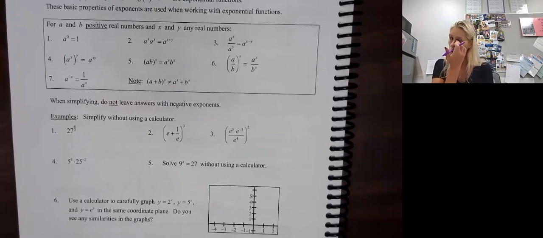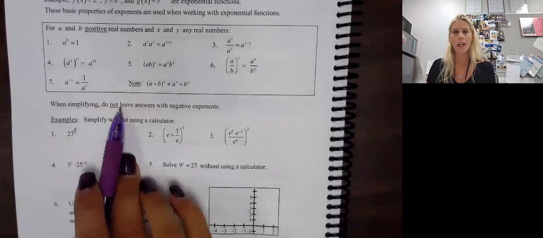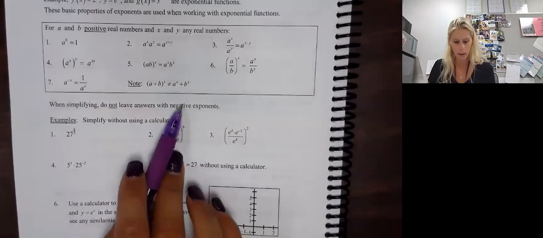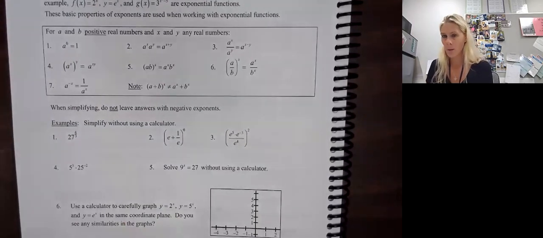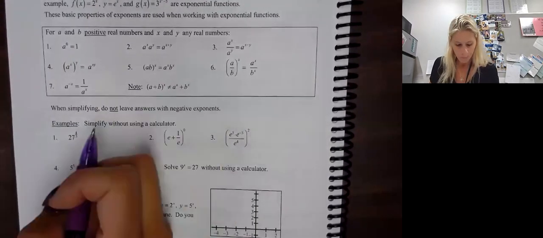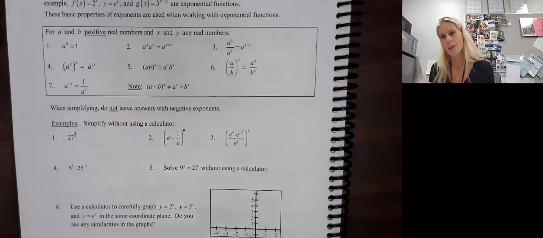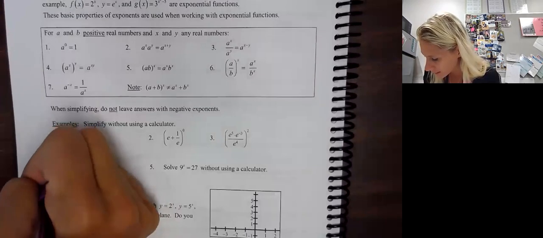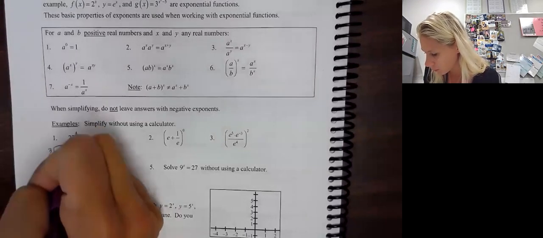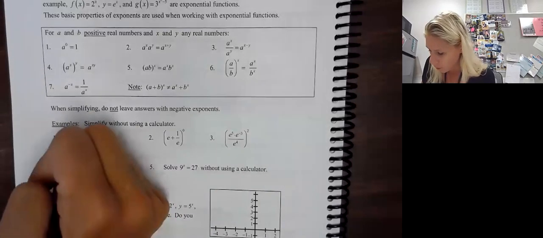So let's go over some examples, all right? First of all, we want to point out that simplified answers are not left with negative exponents, okay? So what we're going to do is break this down without a calculator. First of all, what I might do is change this to radical form. Remember, the denominator is the radical. So I will say that this is the cube root of 27 to the 4th.